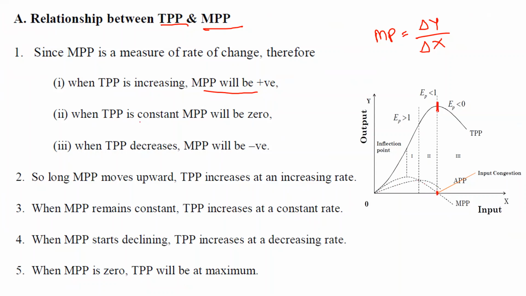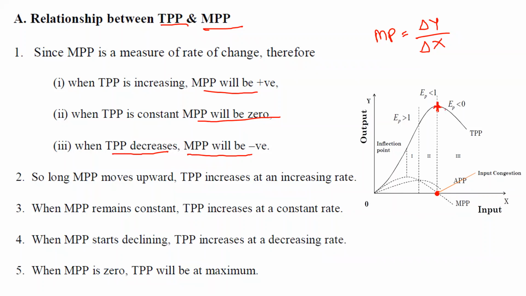When total physical product is constant, मतलब यहाँ change नहीं हुआ, तो इसका मतलब क्या हो जाएगा, हमारा marginal product will be equal to 0. At this point here TPP is constant, so marginal product will be equal to 0. And when total physical product decreases, marginal product will be negative.